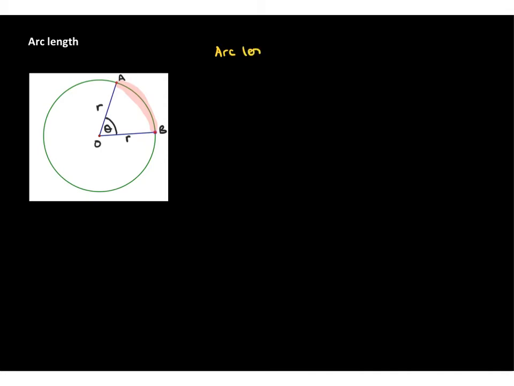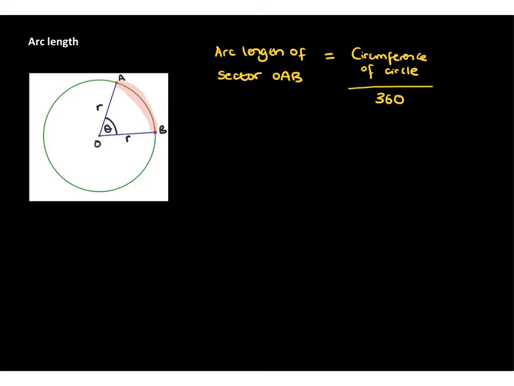The arc length of the sector OAB is equal to, and one of the ways in which you would have done this is to work out the circumference of the whole circle, then divide that by 360 because that gives you the amount of circumference for 1 degree's worth, and then multiply that by theta because that then gives you the proportion of the circumference that you get for that many degrees.